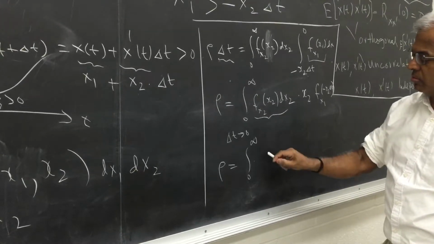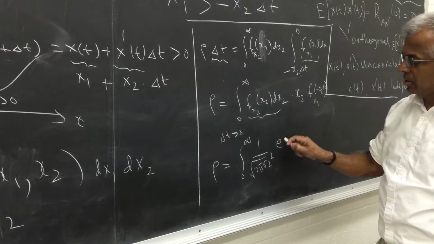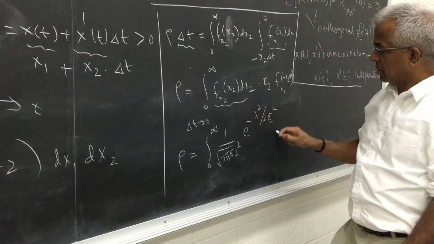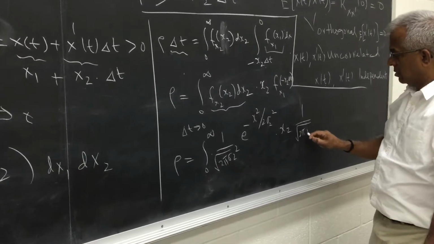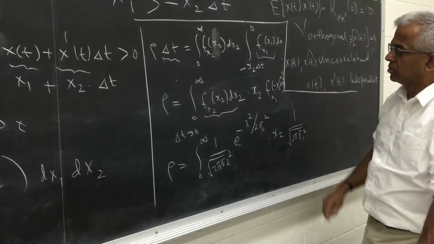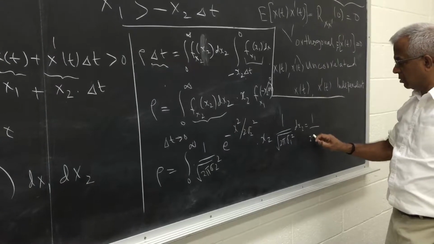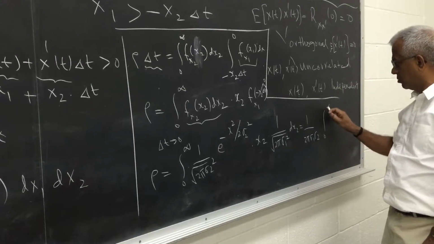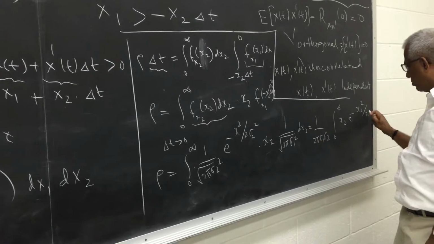Let me substitute: this is 1 over square root of 2 pi sigma 2 squared, e raised to minus x squared by 2 sigma 2 squared, multiplied by x2, multiplied by 1 over square root of 2 pi sigma 1 squared, because f x1 of 0 is this value, dx2. So if I pull out the constants, this now reads 1 over 2 pi sigma 1 sigma 2, integral 0 to infinity of x2 e raised to minus x2 squared over 2 sigma 2 squared.